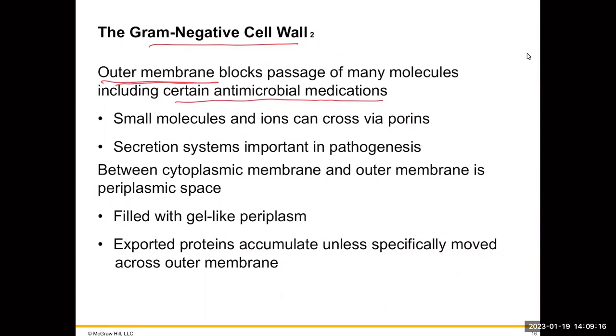Okay, so some molecules can cross by holes, but they don't necessarily get killed. So different antibiotics work against gram-positive than gram-negative sometimes.